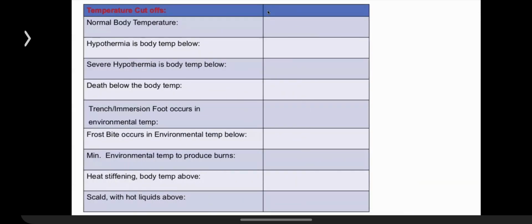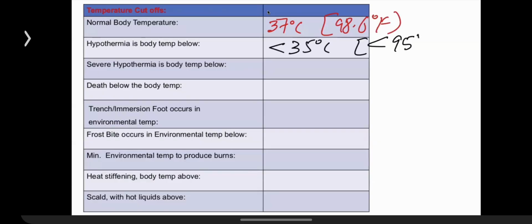Normal body temperature is 37 degrees Celsius or 98.6 degrees Fahrenheit. Hypothermia is below 35 degrees Celsius, or you can say below 95 degrees Fahrenheit. Severe hypothermia is below 32 degrees Celsius. Death occurs below 28 degrees Celsius.